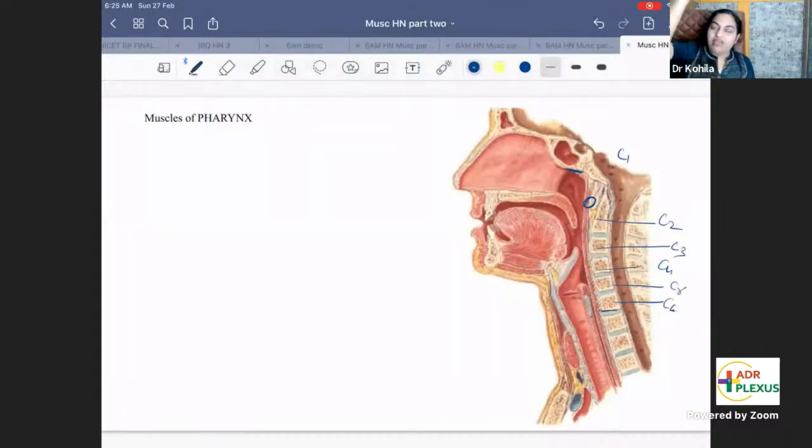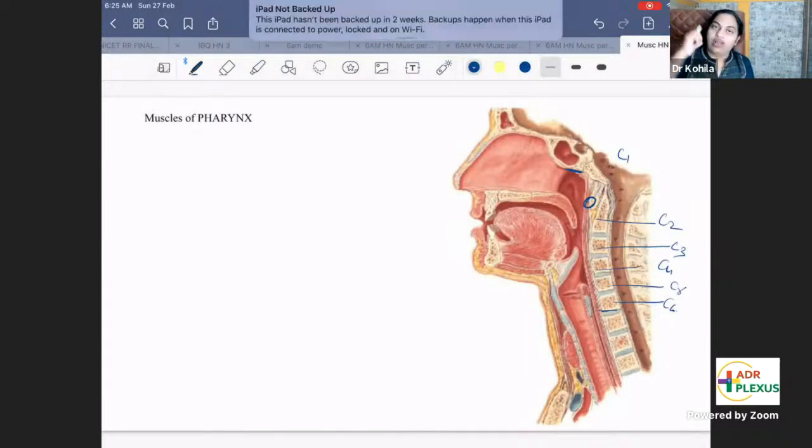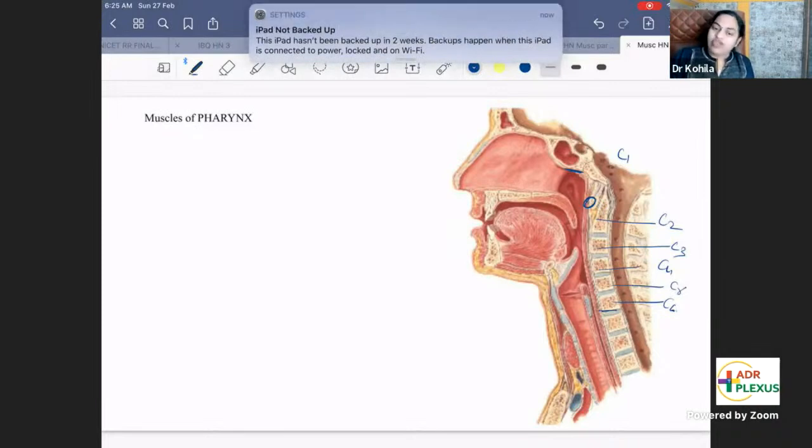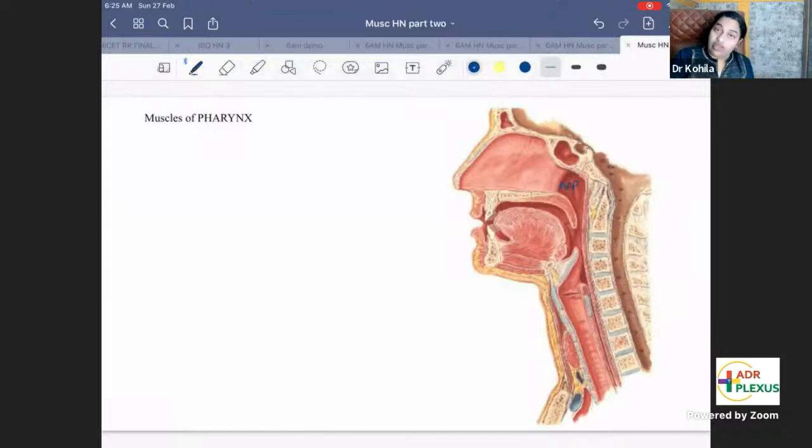From base of skull up to C6, we are going to call it the pharynx. What are the subdivisions of the pharynx? Easy, no? Behind the nasal cavity, this is the region of nasopharynx. Behind the oral cavity, oropharynx. Behind the laryngeal inlet, laryngopharynx.